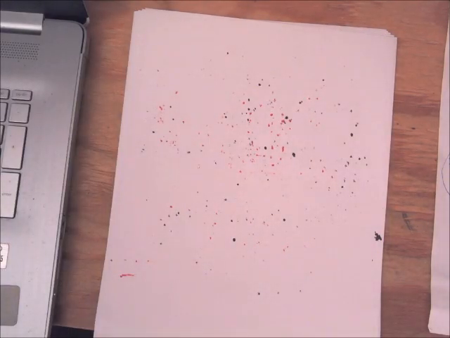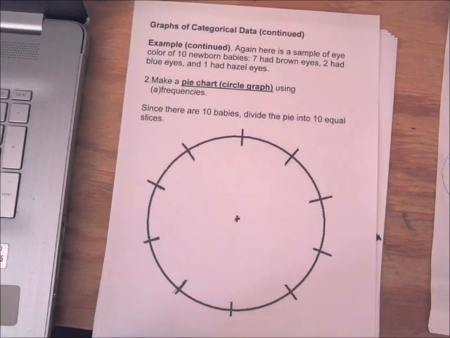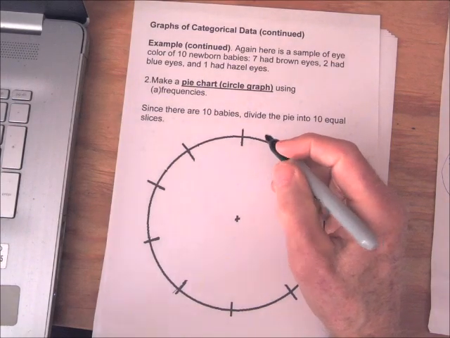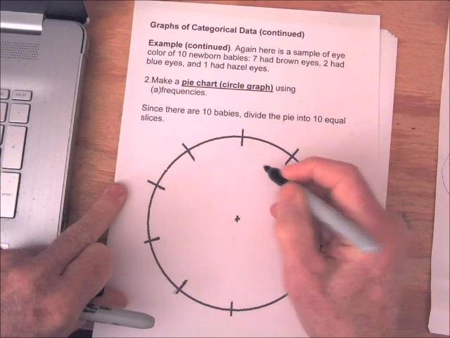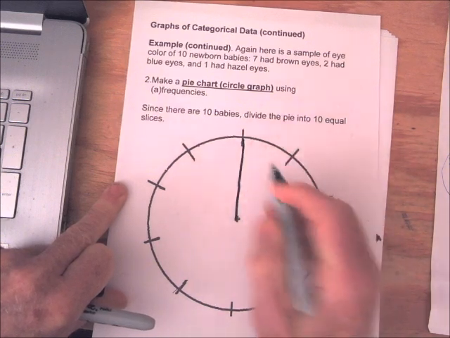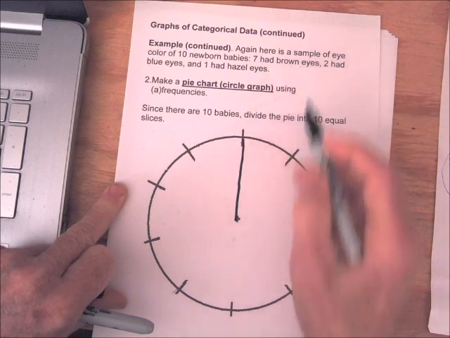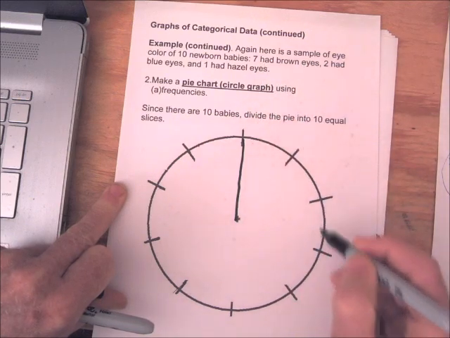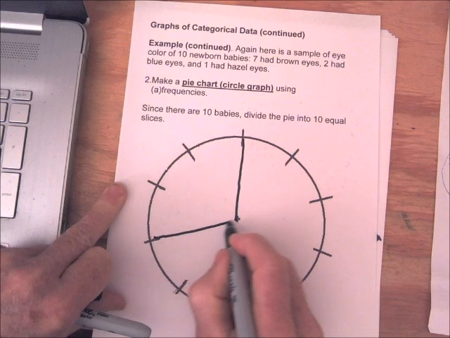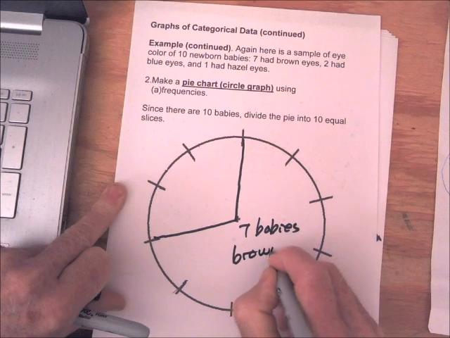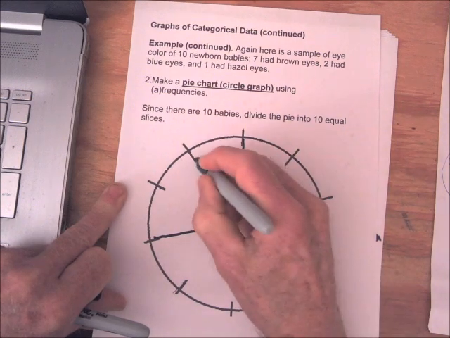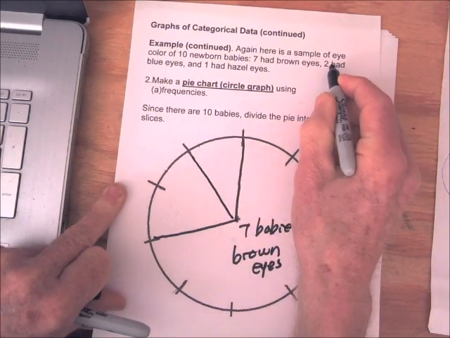Okay. Another type of graph is a pie chart, or a circle graph. Because we have 10 babies, we can divide the pie into 10 pieces, and then we want 7 slices for the brown eyes, because 7 babies had brown eyes. 1, 2, 3, 4, 5, 6, 7. 2 of the babies had blue eyes.